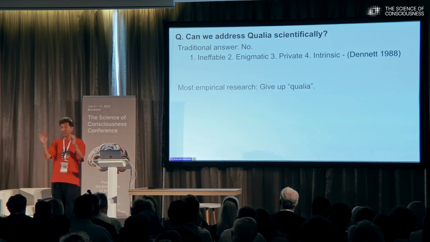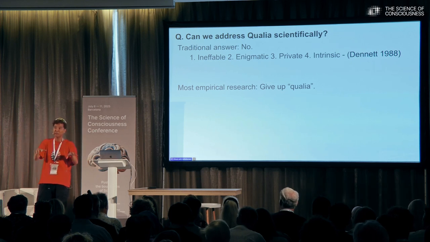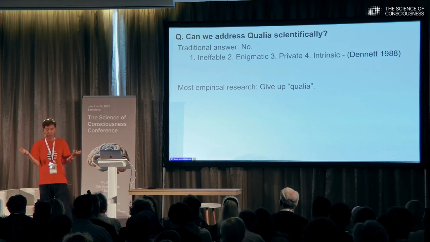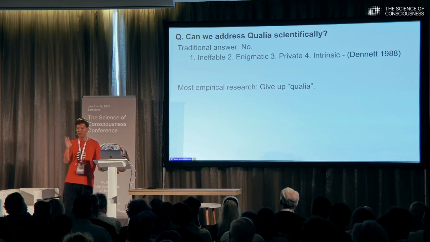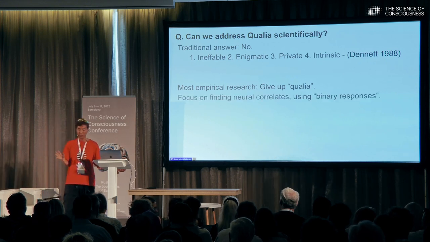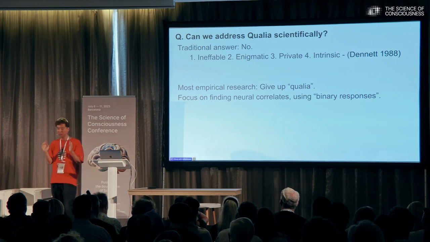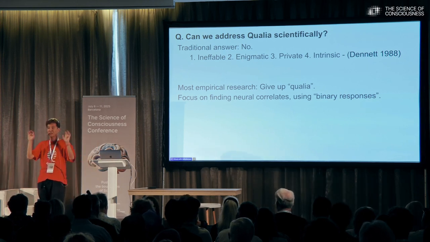As a result, if you go to a different kind of conference, this conference doesn't actually deal with this type of question, but go to a conference called ASSC, most empirical consciousness researchers tend to give up qualia in the first place. What they do is find the neural correlates, looking at the brain by first binarizing the response.